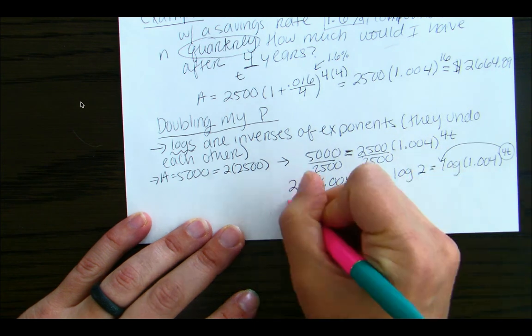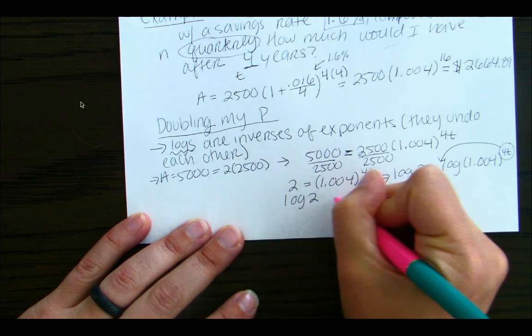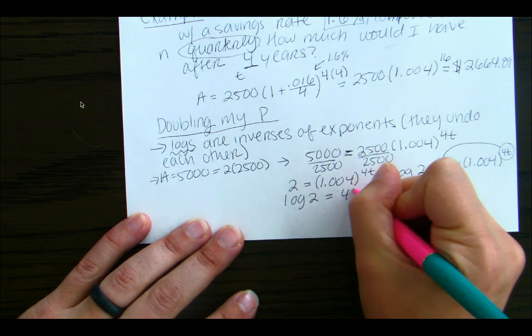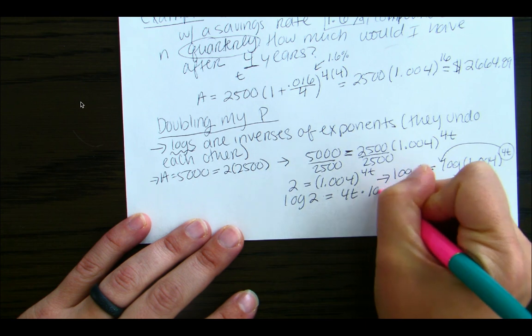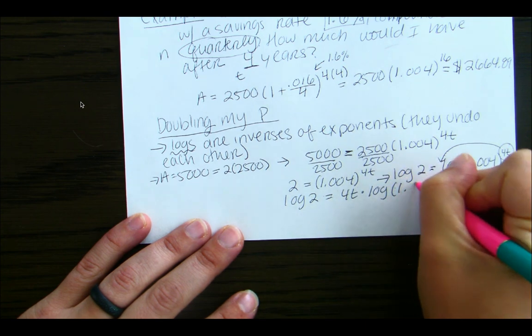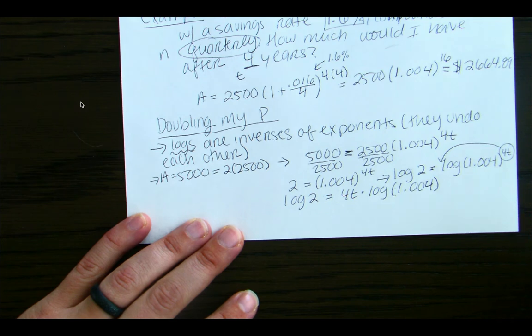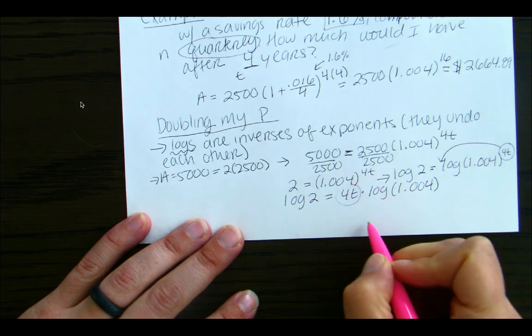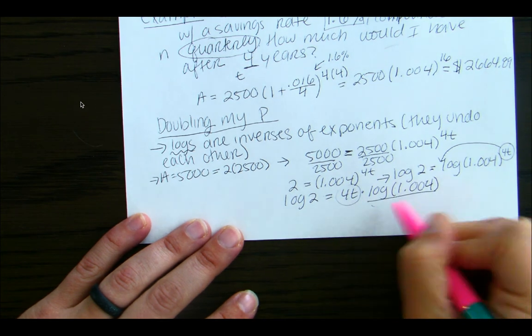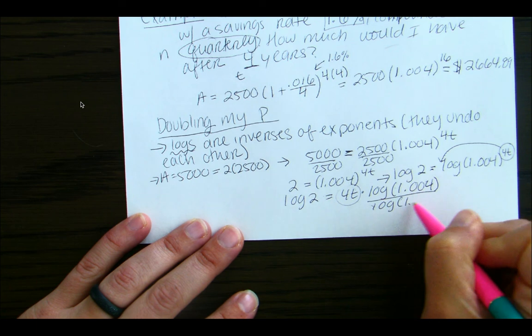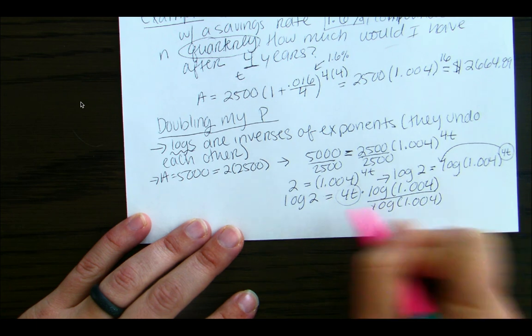So I actually end up with log 2 equals 4t times log 1.004.